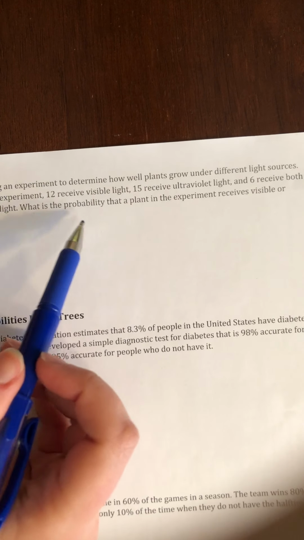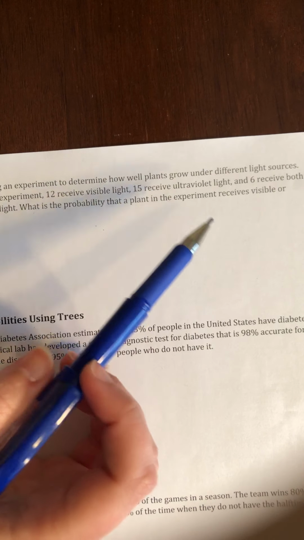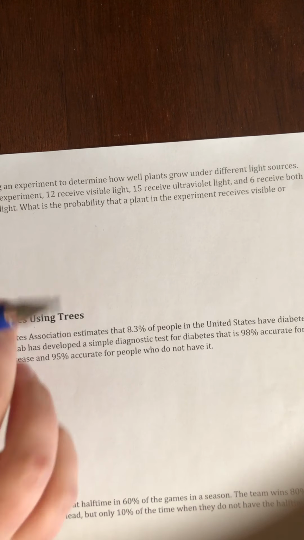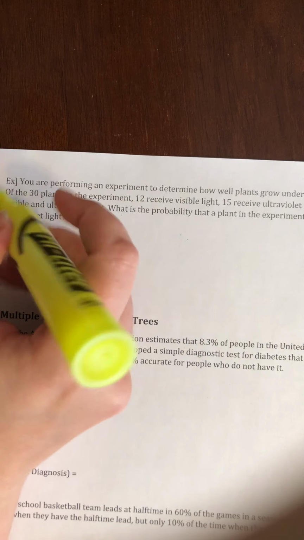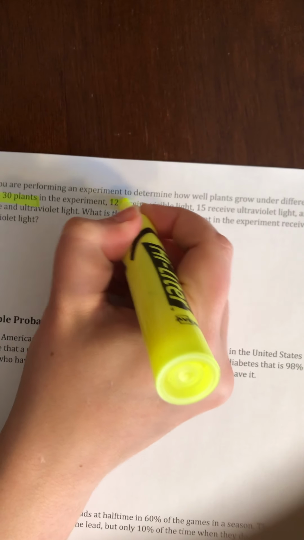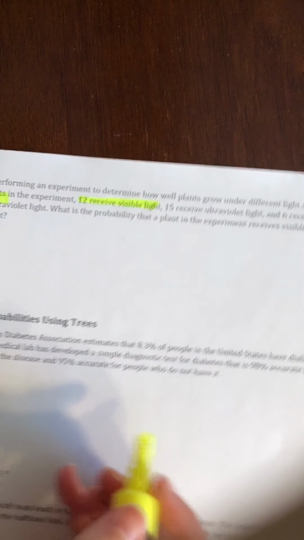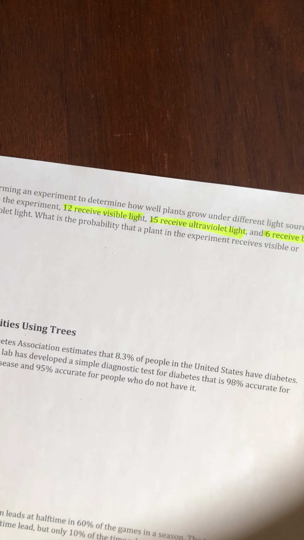So you are performing an experiment to determine how well plants grow under different light sources. Of the 30 plants, all right, so that's going to be a key part of information. We have 30 plants, 12 are receiving visible light, 15 are receiving ultraviolet, and 6 are receiving both.